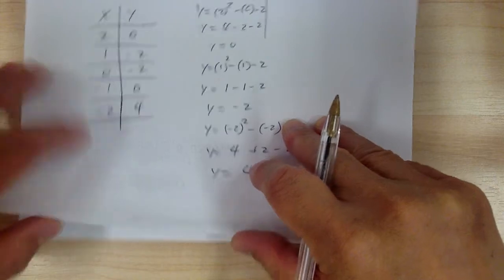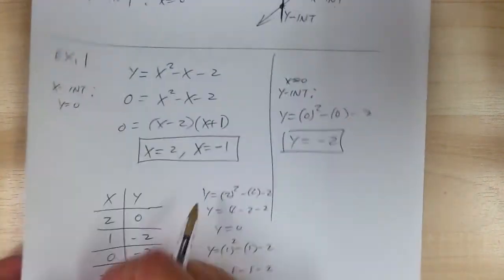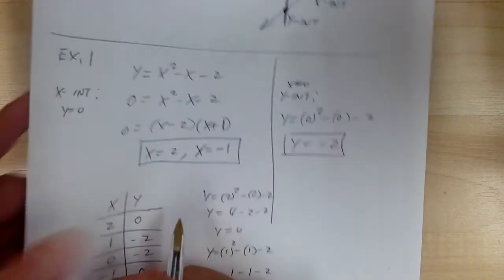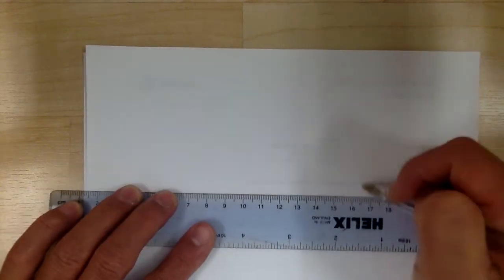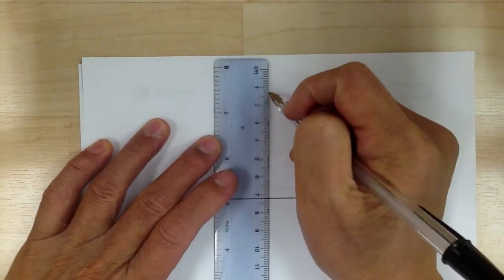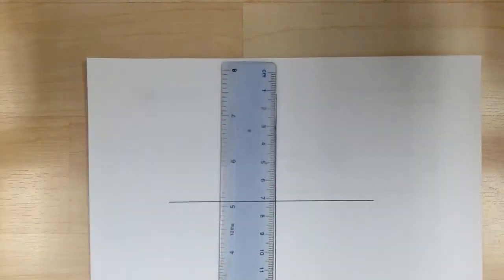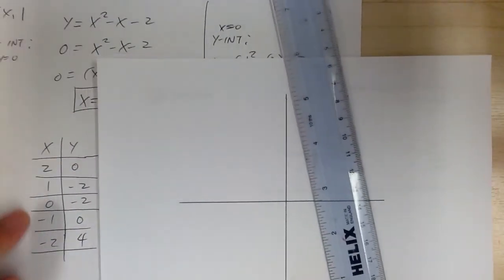So let's go and do the graph. Okay, so let's go and do the graphing. Let's do it over here. Okay, so the first point is 2, 0.